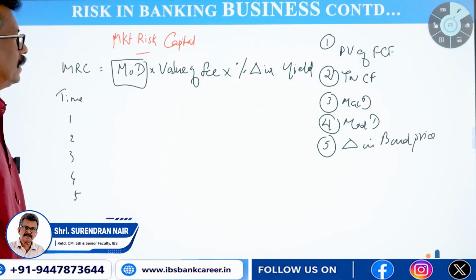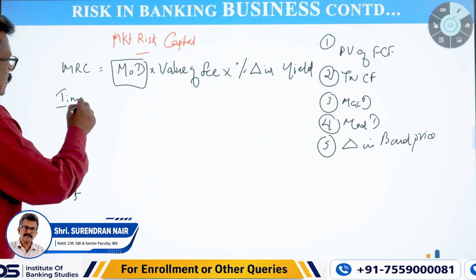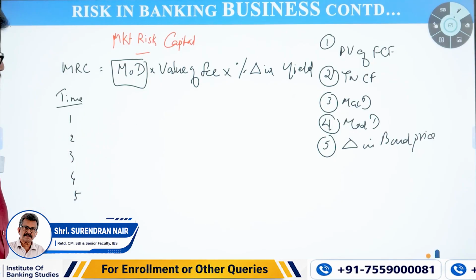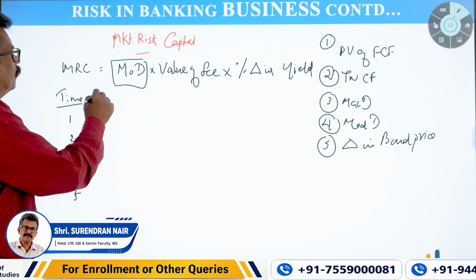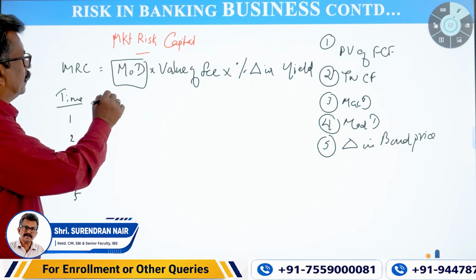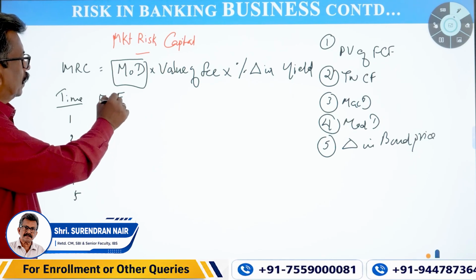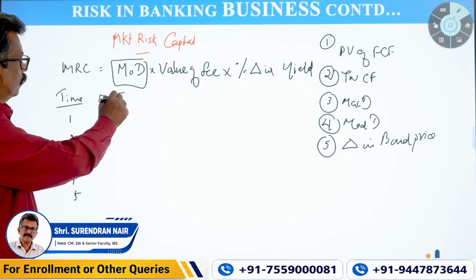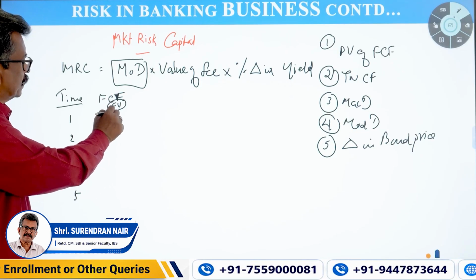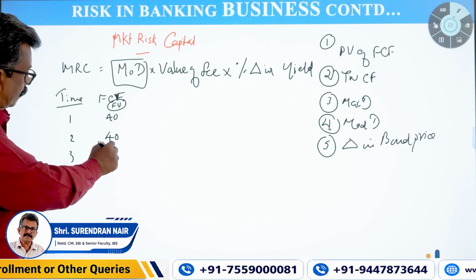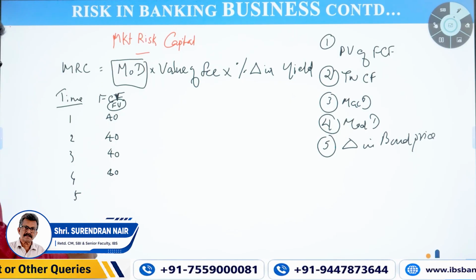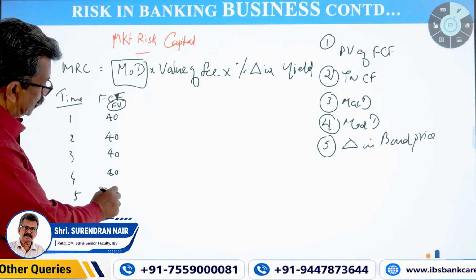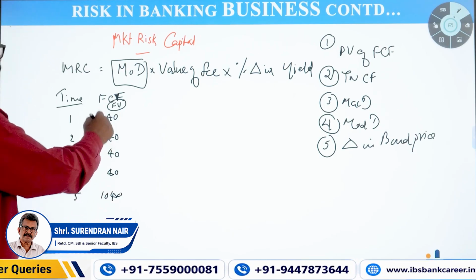The first step is the time period, that table which we discussed in the last session, and then the future cash flow, FCV, future cash flow or future value. Then we discussed the 40 rupee example, for all the 5 years. On the 1000 rupee bond, at the end we got 1040.